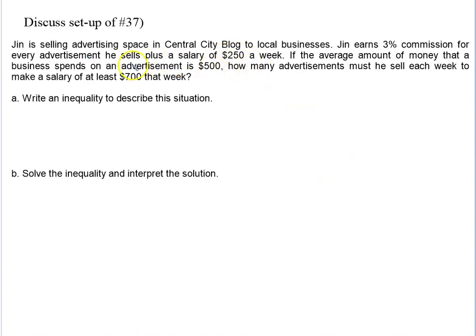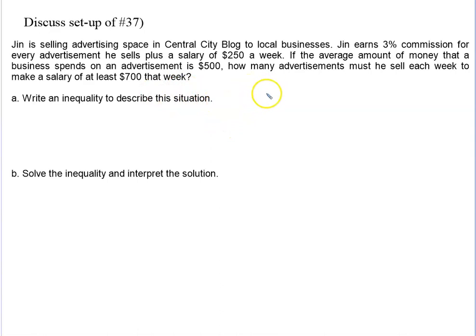And then every time, just to encourage people to advertise, we give people 3% for every ad that is sold. It's usually the way salespeople make their money, on commission. So if the average amount of money that a business spends on an ad is 500, how many ads must he sell each week to make a salary of at least 700?